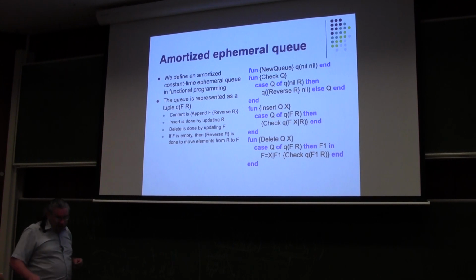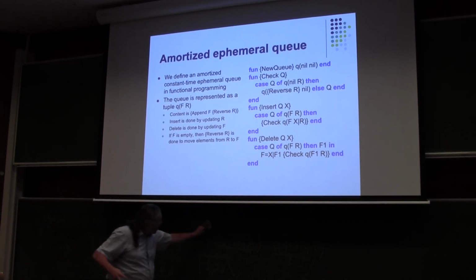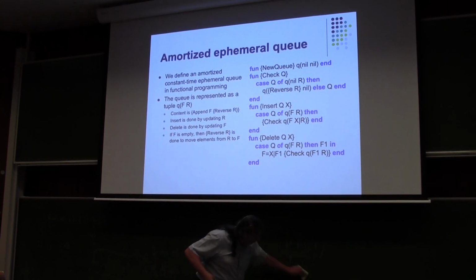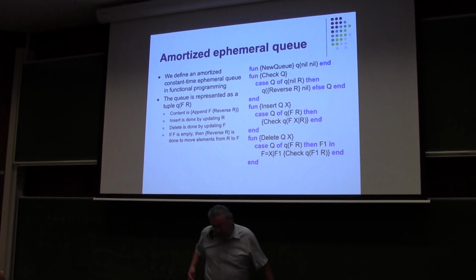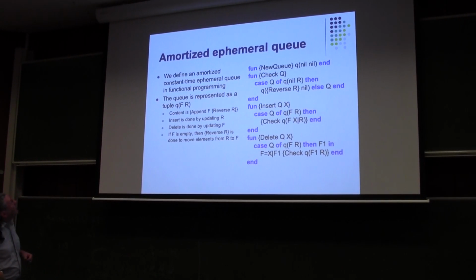And the way to do it is you represent the queue not as a list, but you represent it as two lists. Okay? So since my poor Mozart is not running on Big Sur, I'm going to show you the examples on the board. Okay?